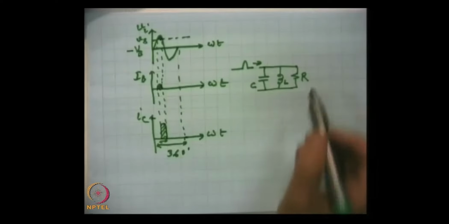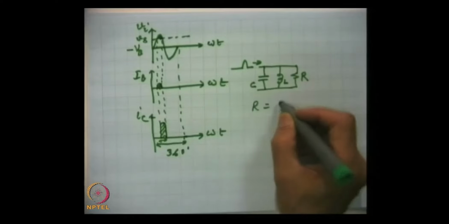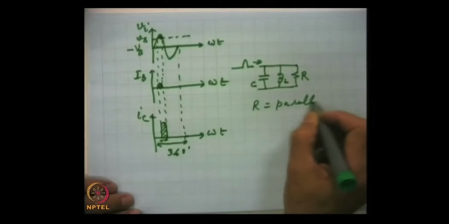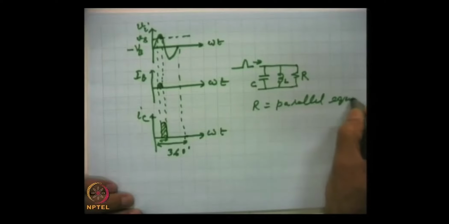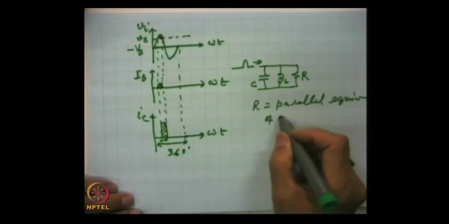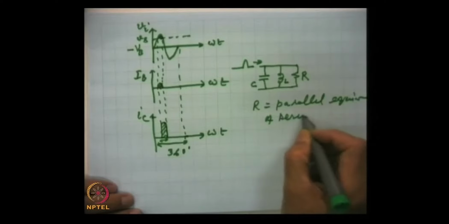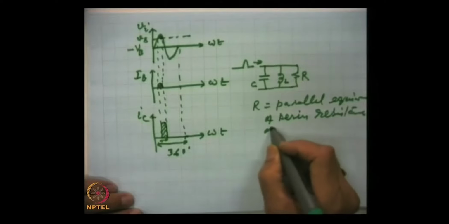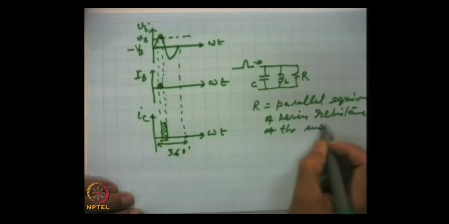So, this R is the parallel equivalent of the series resistance of the inductor.